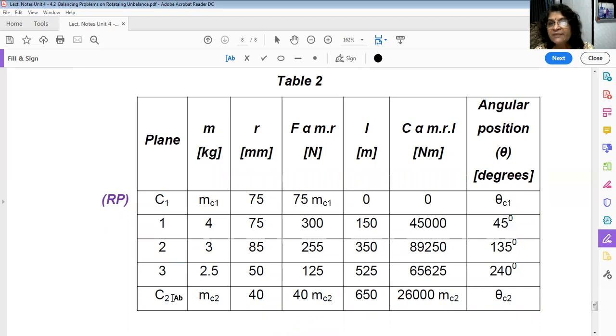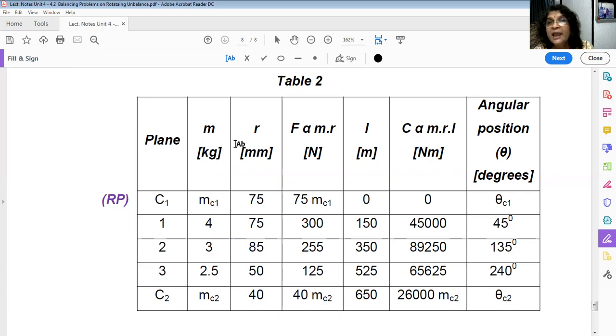That is MC1 and MC2. And then these are the 3 masses. Okay, 1, 2, 3. Now, second column is of mass. Okay, what are the masses in these different planes? That is in kg. So this is unknown, that is MC1. This is also unknown, that is MC2. And these masses are given to us, M1, M2, M3, that is 4 kg, 3 kg, 2.5 kg.